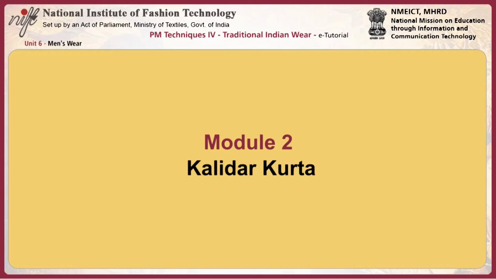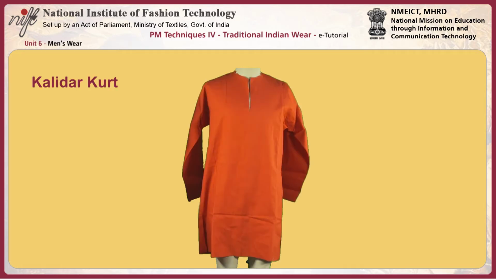Now we are going to draft the Kalidar kurta. The Kalidar kurta is worn with pajama, churidar pajama, and also with the dhoti. This is a loose fitting garment having 4 kalis panels, 2 at the front and 2 at the back. The side pieces are called kalis or panels, which facilitate comfort.